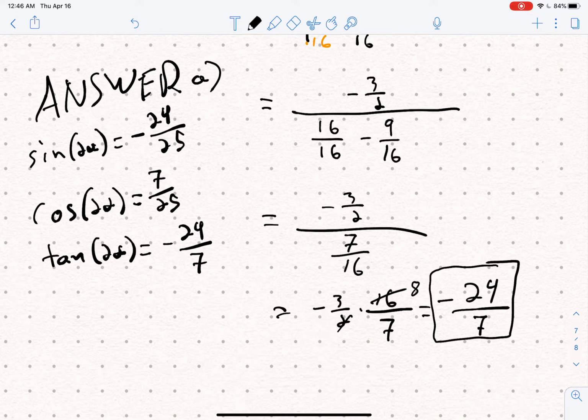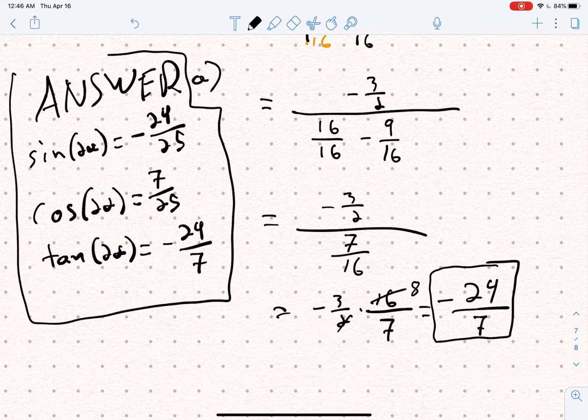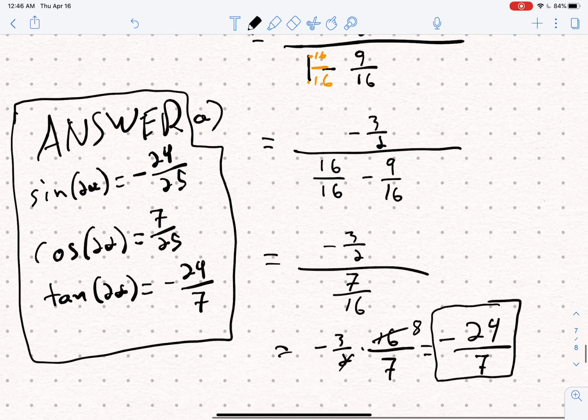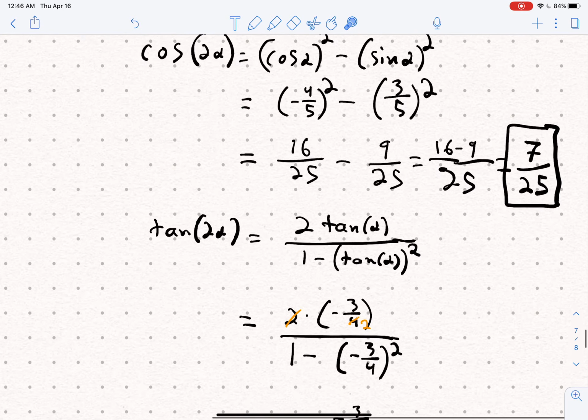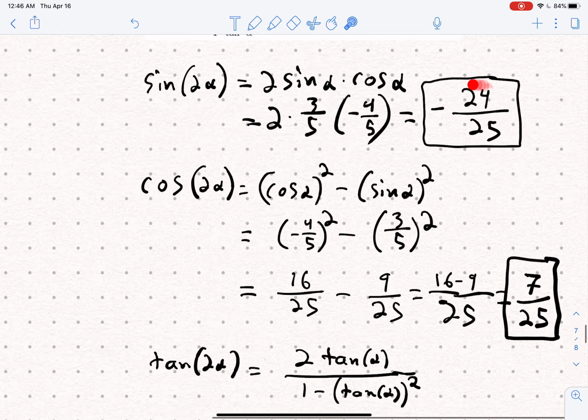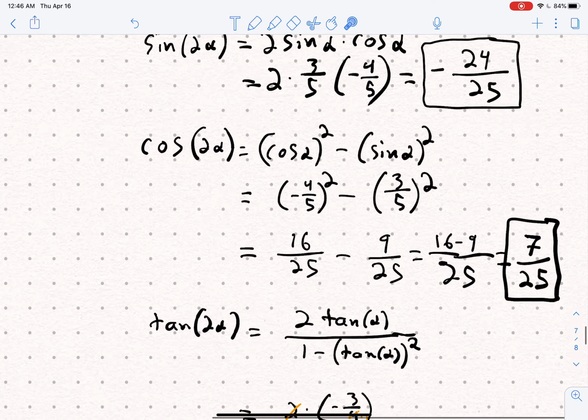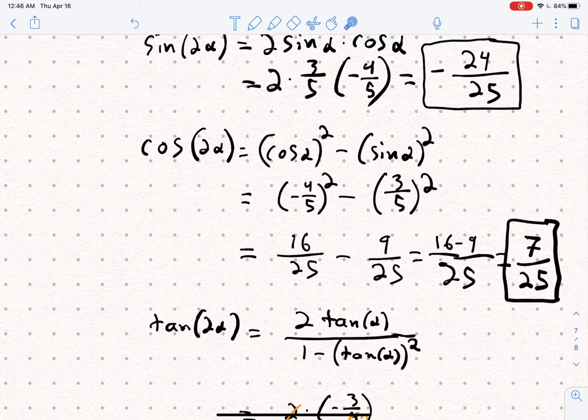If you were paying close attention here, you might have noticed that there was a simpler way to get that final answer, the tangent of 2 alpha. We also know that tangent is equal to sine divided by cosine. So once we had found sine of 2 alpha and cosine of 2 alpha, we could find tangent of 2 alpha just by taking sine of 2 alpha divided by cosine of 2 alpha, and it would have been much simpler to flip the bottom one up to the top and cancel.